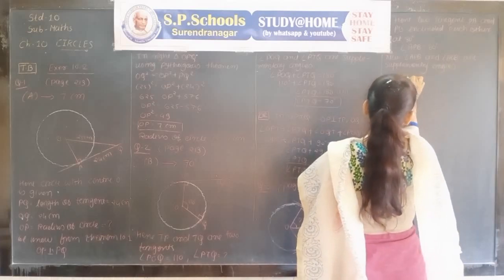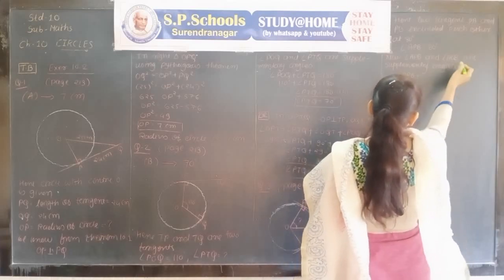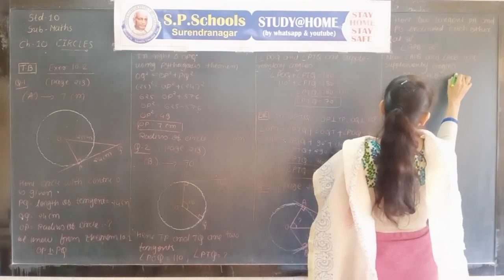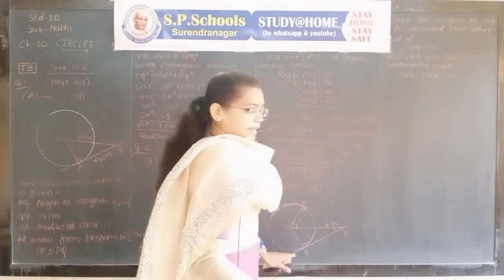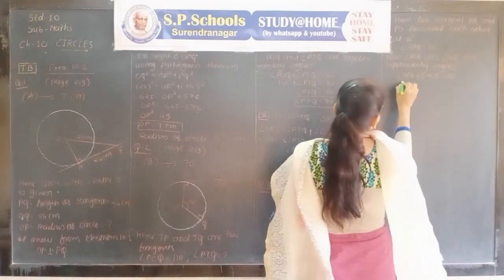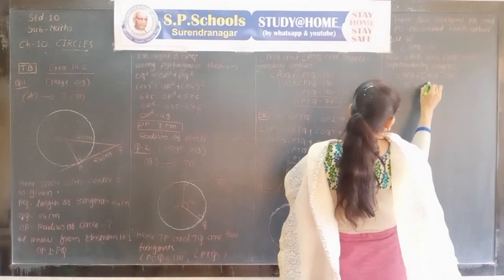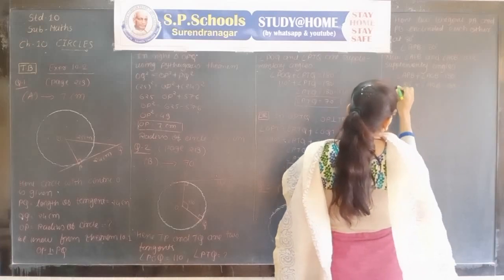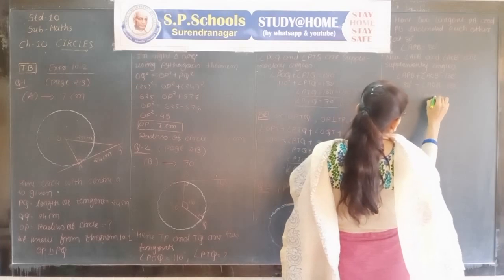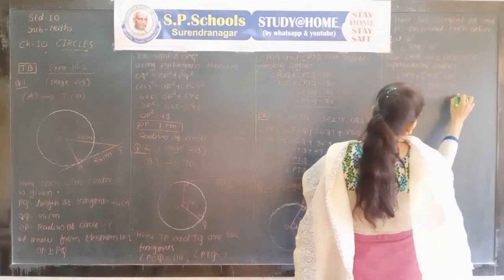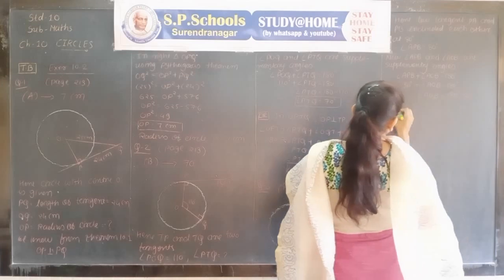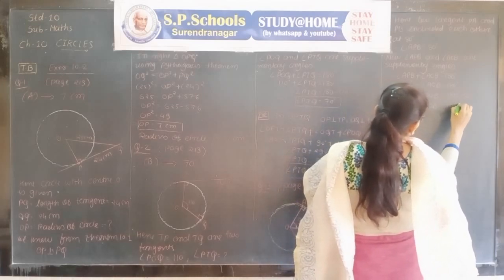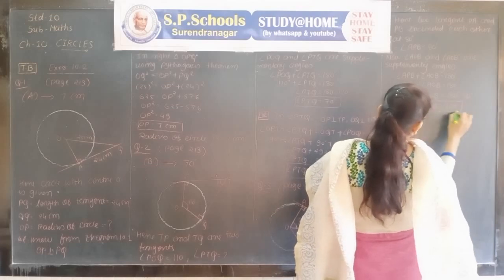Therefore, the addition of angle APB plus angle AOB is equal to 180 degrees. AOB remains as it is. Angle APB is 80 degrees. Making AOB the subject, AOB is equal to 180 minus 80. Therefore, angle AOB is equal to 100.